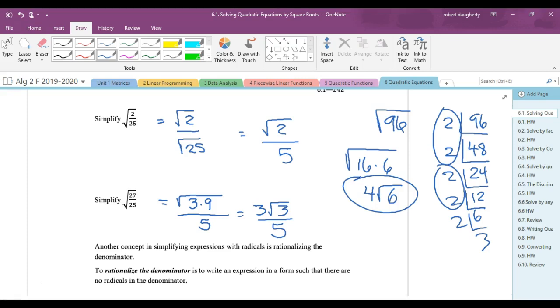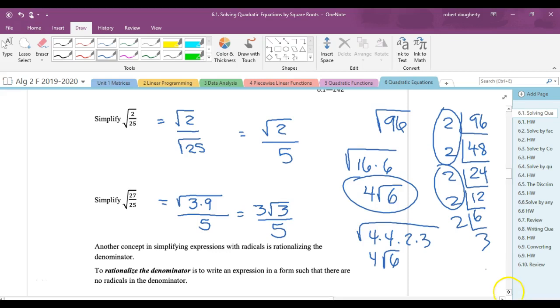You could have written this as 4 times 4 times 2 times 3, okay? Square root of 4 is 2. Square root of 4 is 2. So that gives me what? 4 times the square root of 6. You get the same thing. So you'll have to be in the goal of being able to simplify radicals like this.